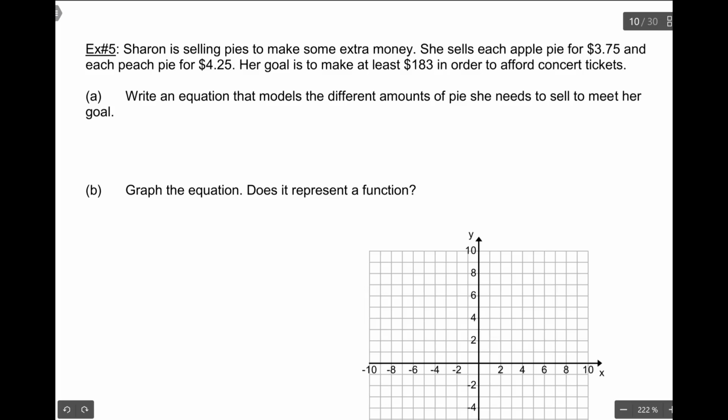Well, I know that each apple pie is 3.75x, so that's the number of apple pies, plus 4.25y for the number of peach pies, is going to equal 183. Well, it's actually greater than or equal, but let's say it's going to be equal to 183.